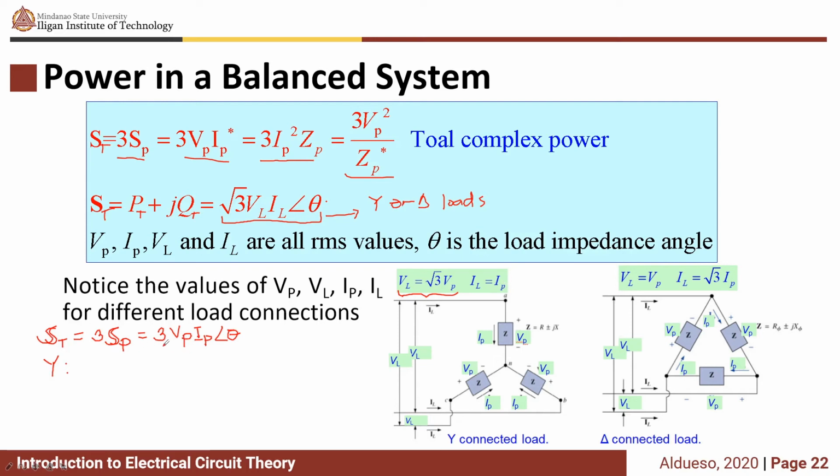So if you use this equation right here, and we express the phase voltage and the phase current into the line voltage and line current, we have VP is just equivalent to VL over square root of 3, and IP is just equivalent to IL at angle of 0.